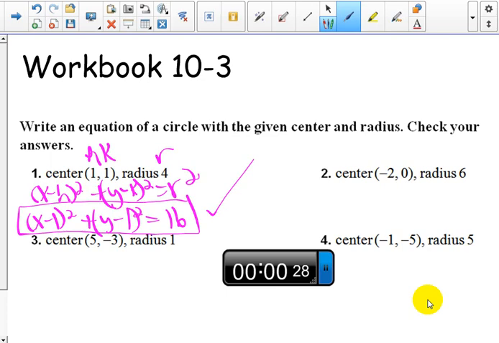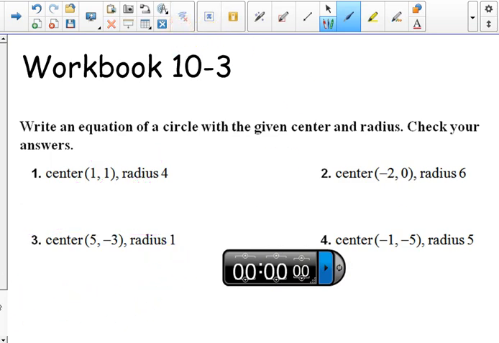Thirty seconds. So that should have been plenty of time, and we'll turn these in at the end of class. So let's continue.